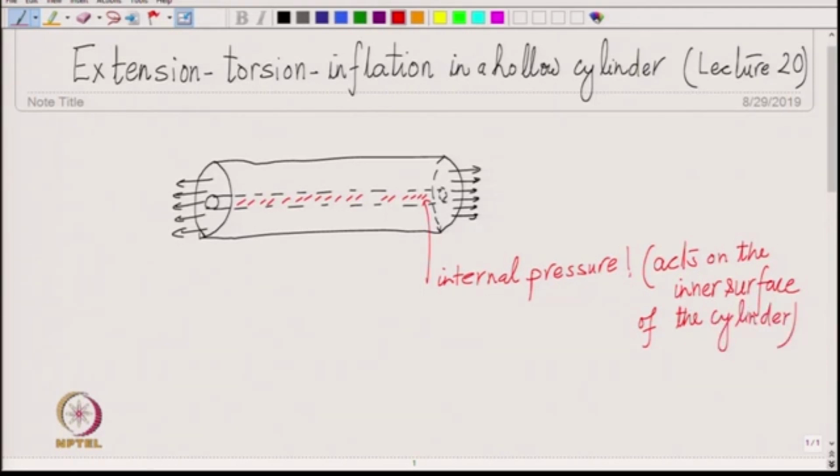One can also apply the pressure on the outer surface of the cylinder, but in this example let us focus on the case where we are only pressurizing it from within. Okay. And then these tractions act on end cross sections.